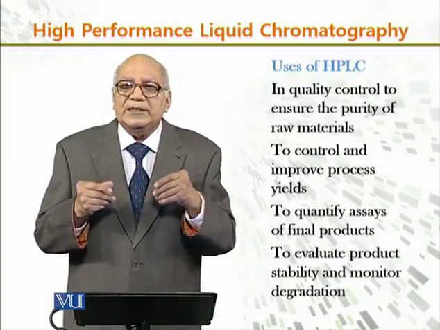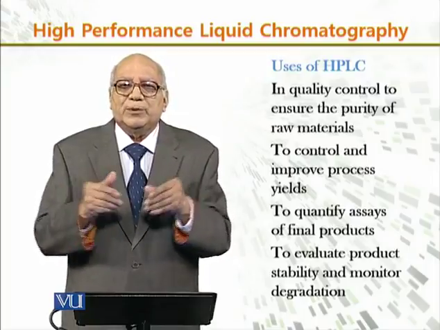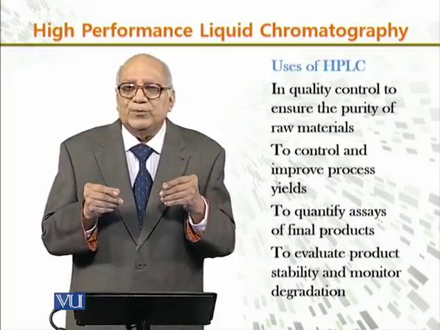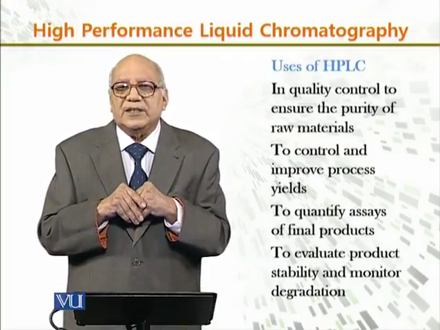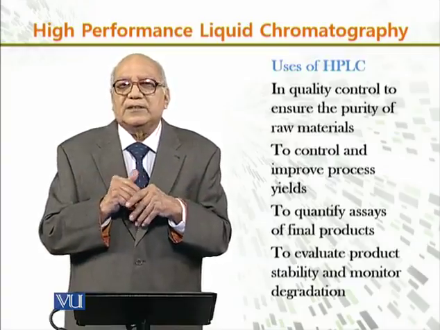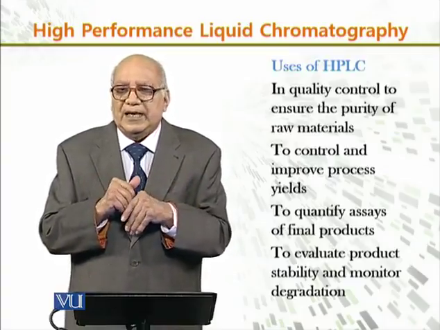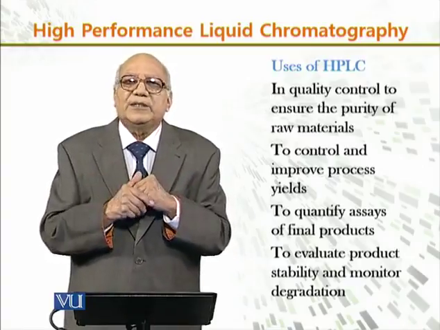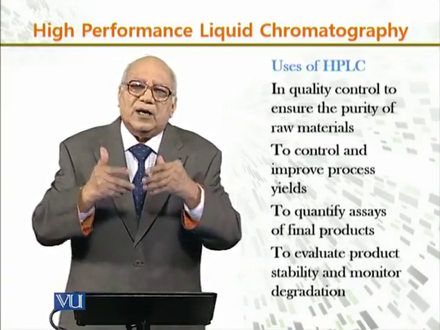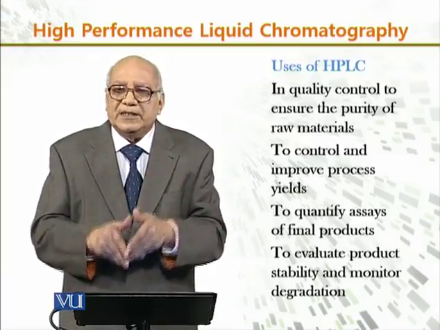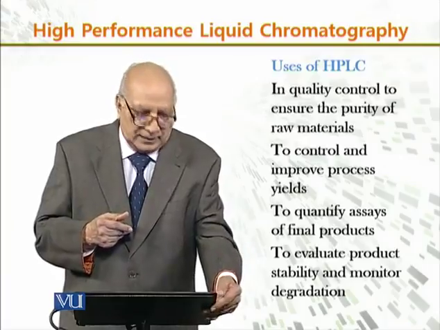Now, in quality control, it is also important to ensure the purity of raw material and to control and improve the process yields, and then quantify the assays for the final product, to evaluate the product stability and monitor degradation, that is, how pure the product is and how much it has been degraded.